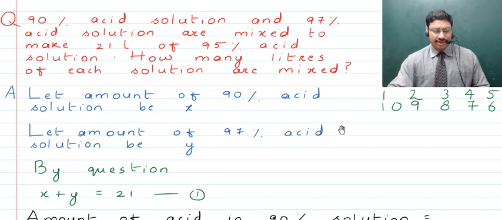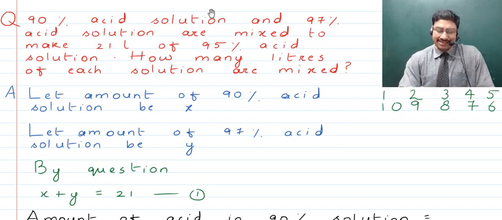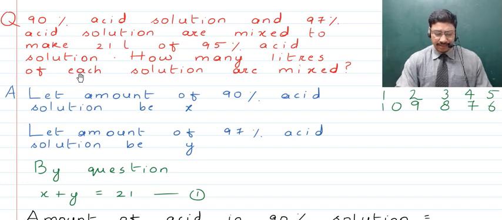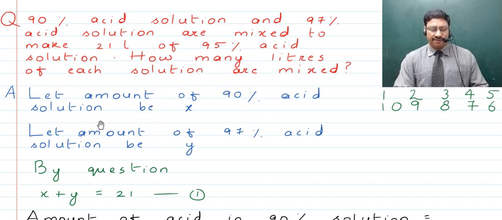So here children, we have 90% acid solution and 97% acid solution, which are two different solutions in probably two different containers, and they are mixed up to make 21 liters of 95% acid solution. Now how many liters of each solution are mixed is what you have to find out. So the first thing we can do is consider that the amount of 90% acid solution is x.